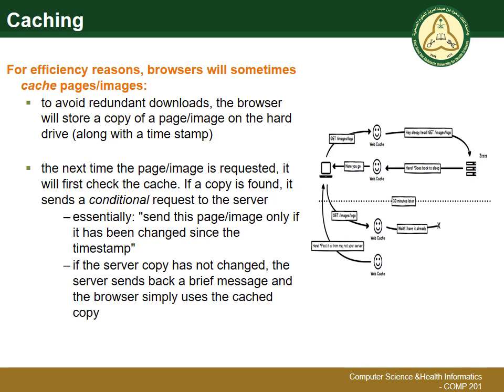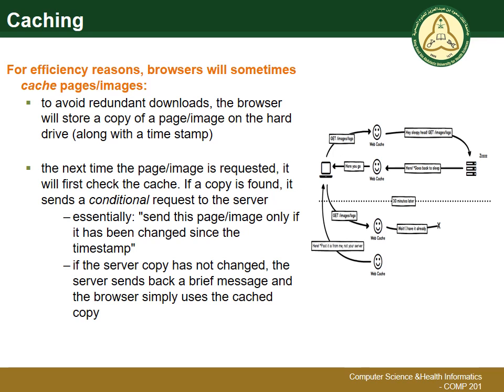The next time the page or item is requested, the browser first checks to see if it has a copy stored locally in the cache, and if so, checks if the copy is up to date by contacting the server and asking how recently the page was changed. If the copy stored locally is up to date, then the browser can display this copy instead of downloading the original.